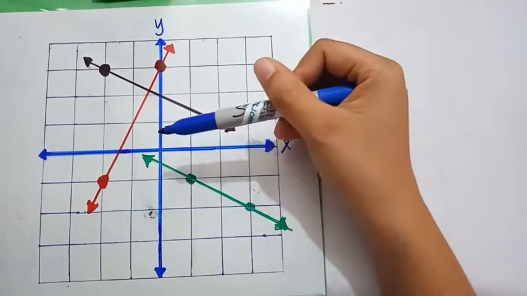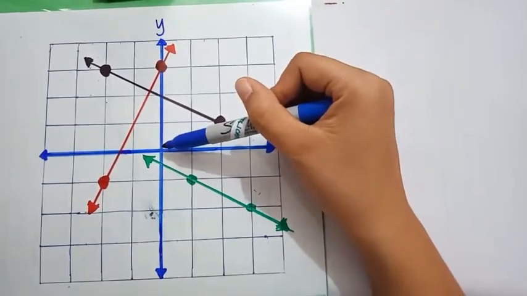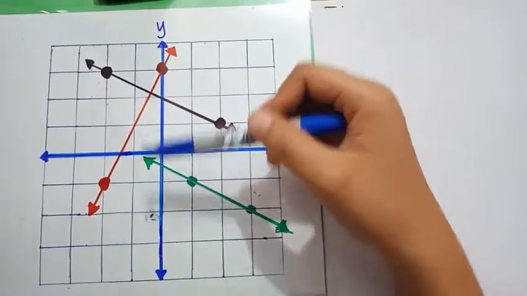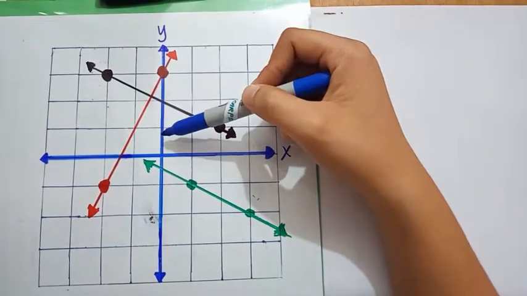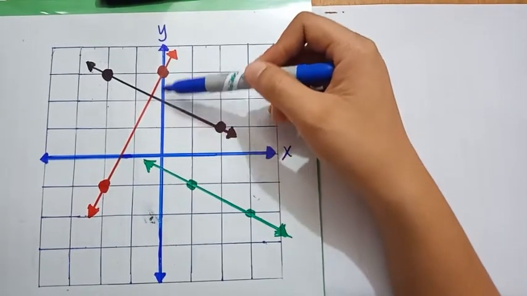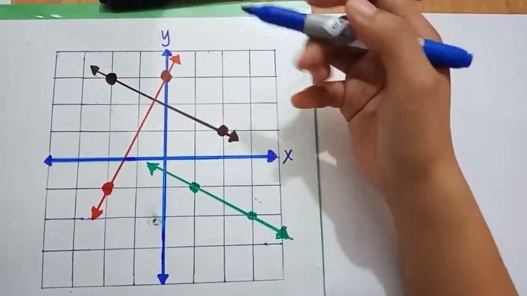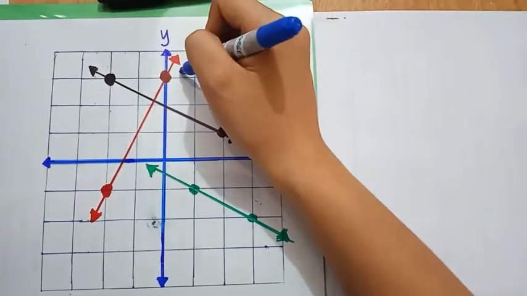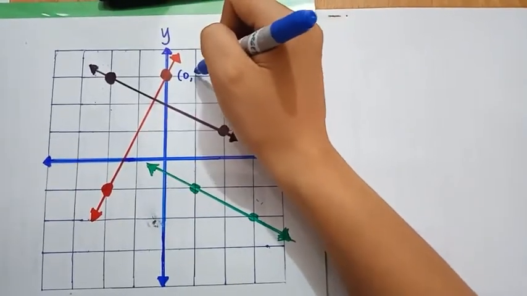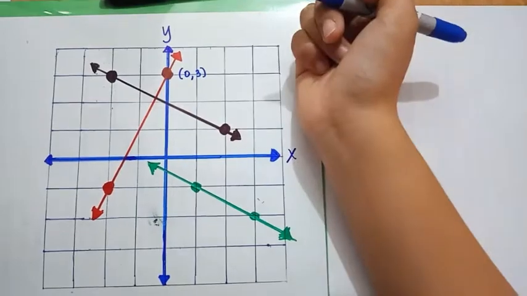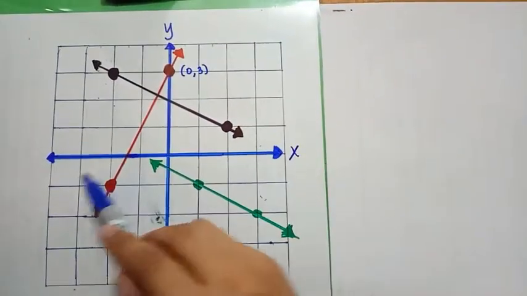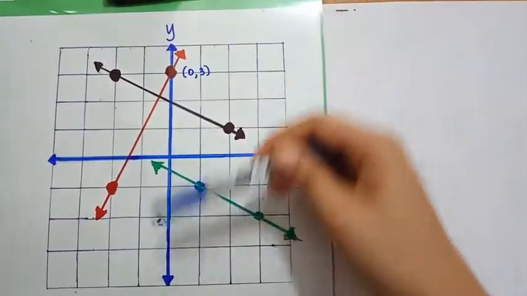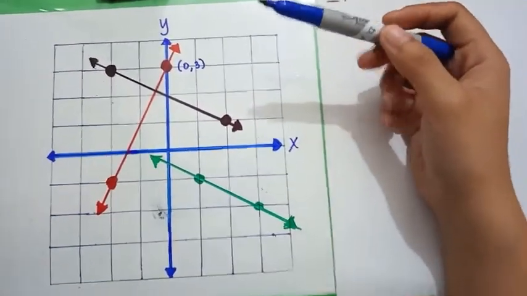So, ang kanyang x-coordinate ay 0. And then, for the y-axis, naroon siya sa posisyon ng ating positive 3. So, ang kanyang magiging coordinates will be 0, 3. Okay? So, again, 0 sa x-axis, positive 3 sa y-axis.